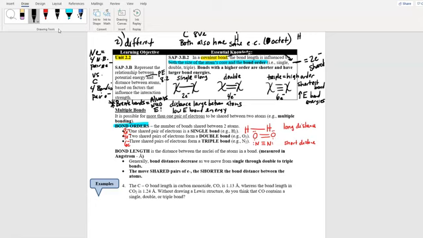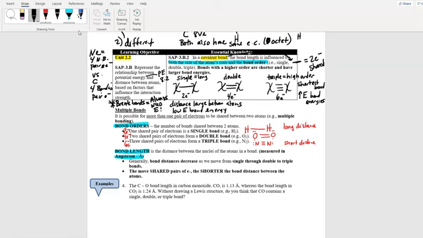We call that bond length. Bond length is the measurement from one nucleus to the other nucleus. It's usually measured in a unit called angstroms, a capital A with a little halo above it. We don't do the math with it. We're just saying in this structure which has long bond lengths and which has short bond lengths.